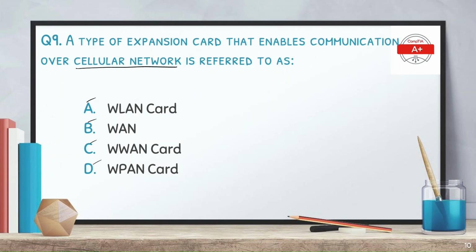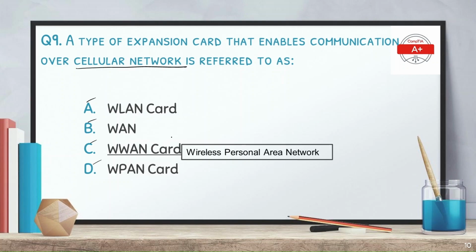So the cellular network, remember, has a higher range. So the correct option is the WWAN, or wireless wide area network. The personal area network is for Bluetooth. For the cellular network, the correct option is the wireless wide area network.